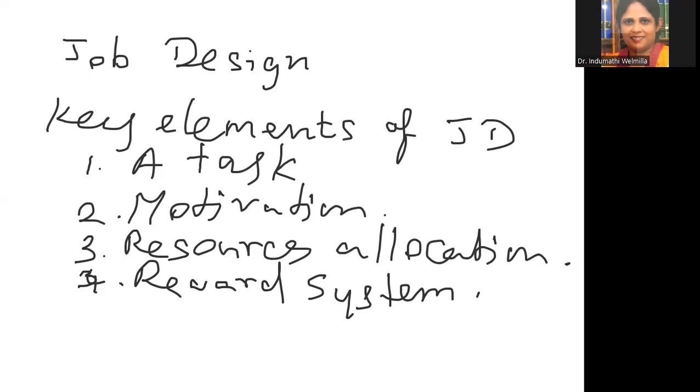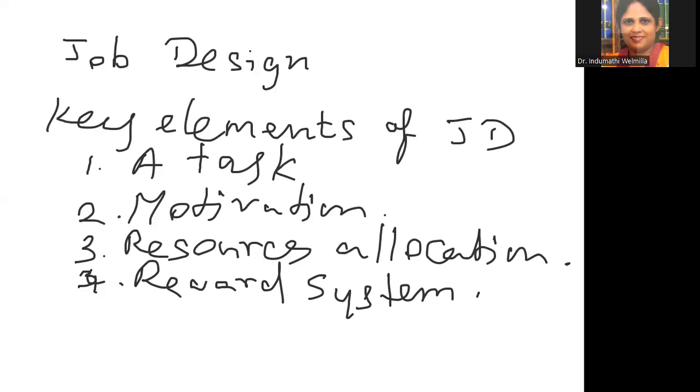An outline or description of reward packages should be established when constructing a job. That is an important element that any manager or any person designing the job has to know.